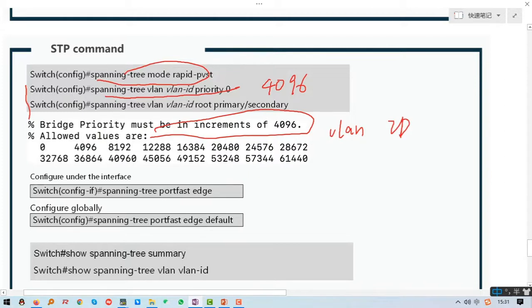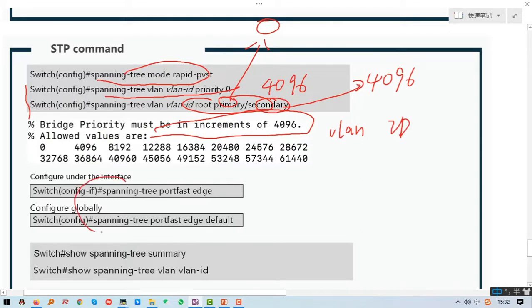So if you use this command, spanning-tree vlan VLAN ID root primary or root secondary, primary means that the priority of the specified switch is set to 0, and secondary means the priority is modified to 4096.